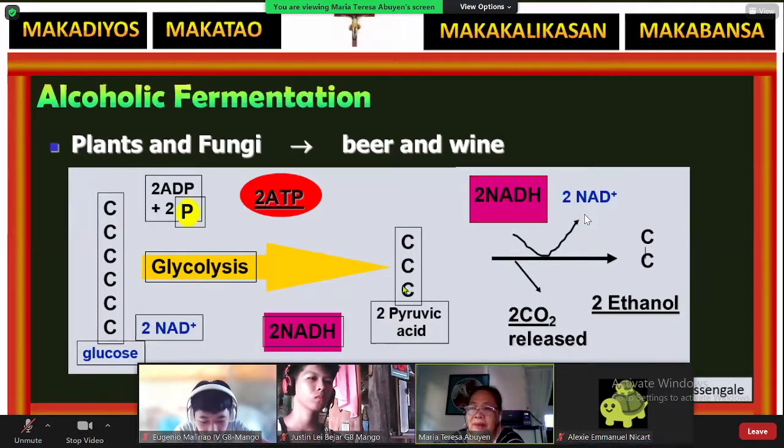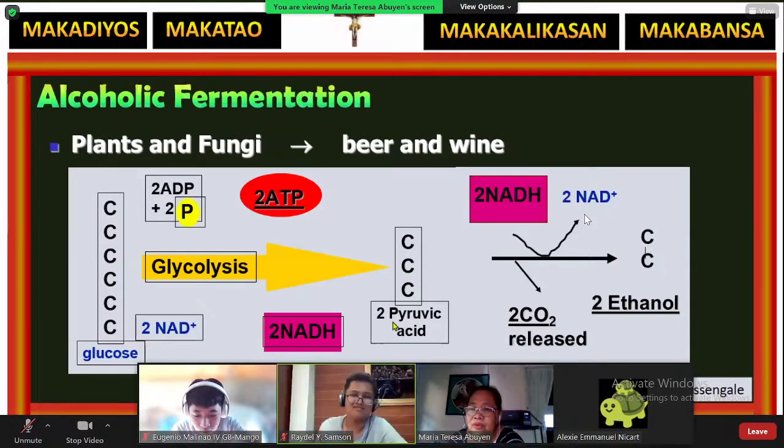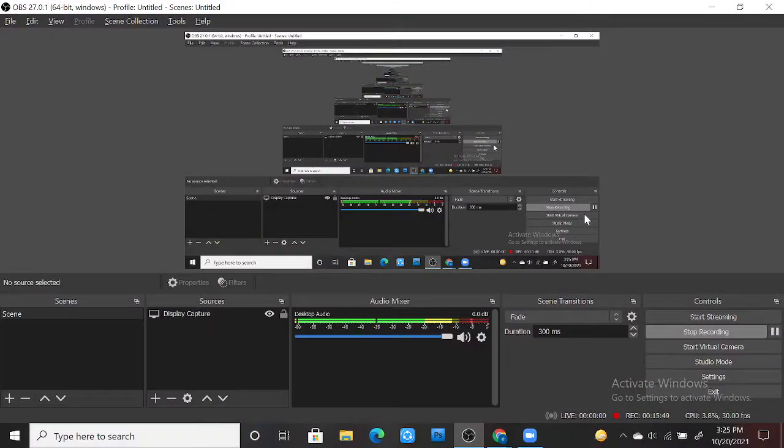Two molecules of pyruvic acid will undergo the reaction, right? So in one glucose molecule, two molecules of alcohol will be made, and it will also make 2 molecules of carbon dioxide.